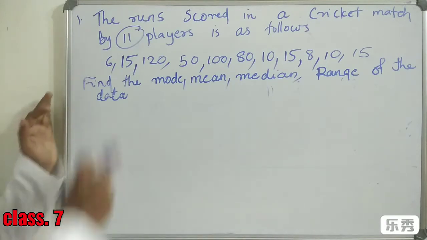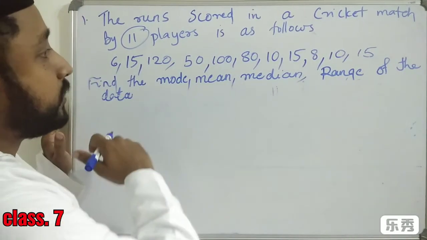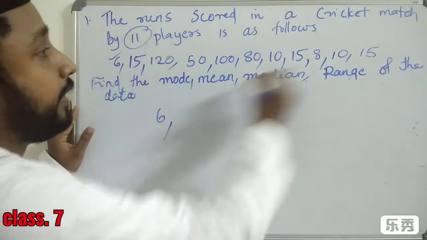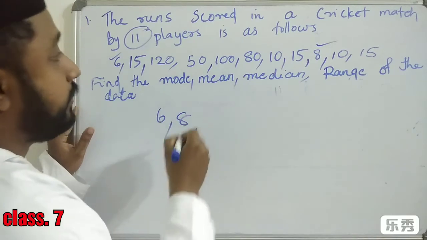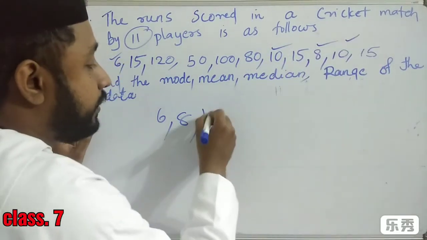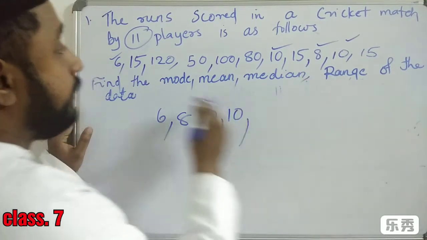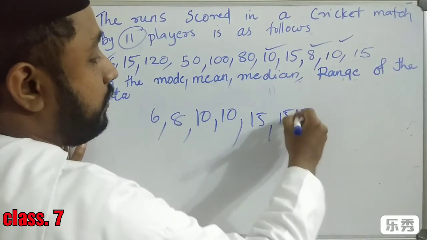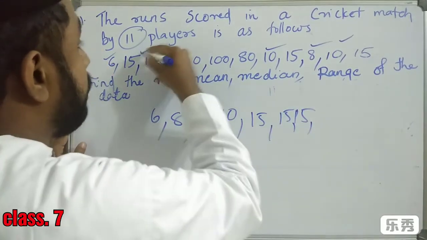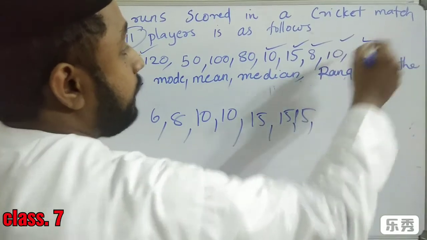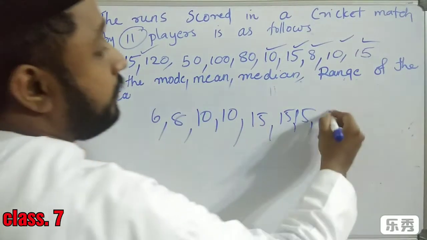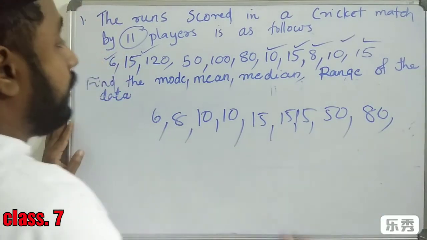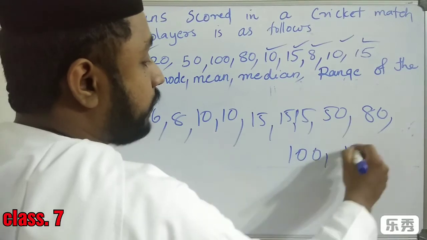Smallest is 6, then 8, then 10, 2 tens are there, then 15, 3 15s are there, then 50, 80, 100, 120.